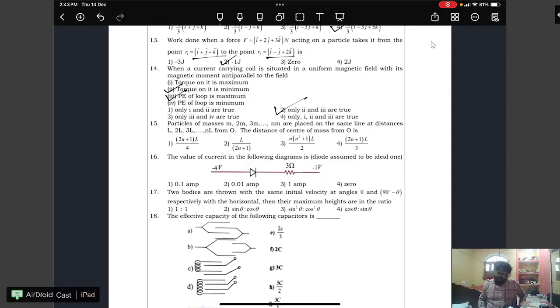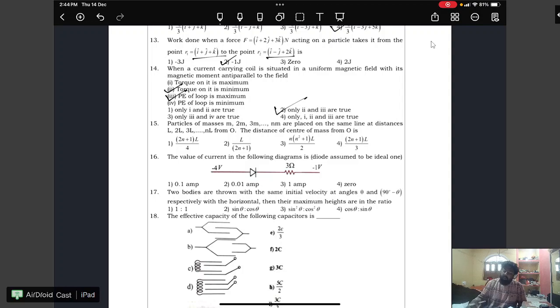Okay, question number 15 we'll see. Particles of masses m, 2m, 3m, and so on up to nm are placed on the same line at distances L, 2L, 3L up to nL from the origin.